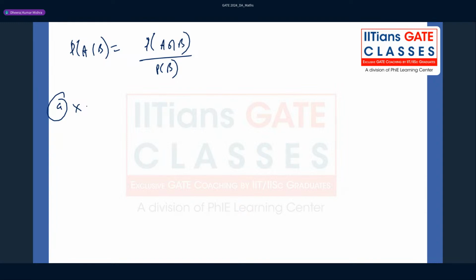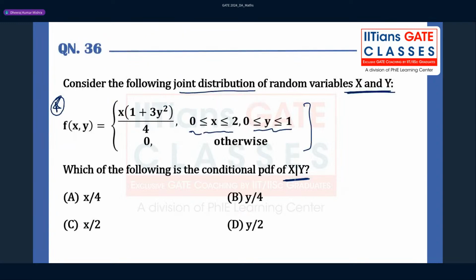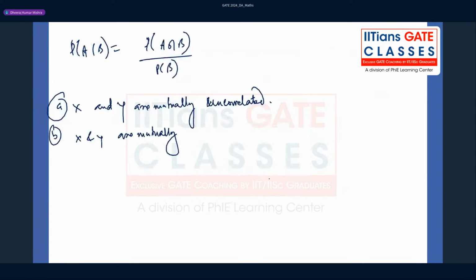Option A was: x and y are mutually uncorrelated. Option B was: x and y are mutually correlated, because in this case there is a pure calculation only. Option C: x and y are mutually independent.